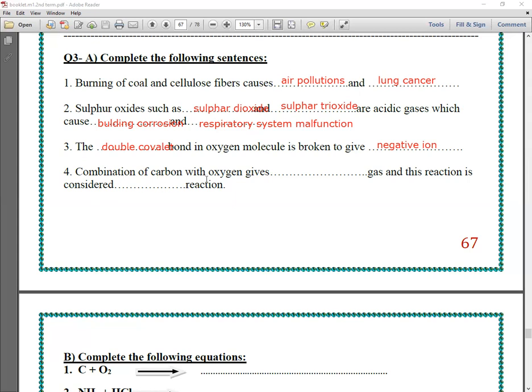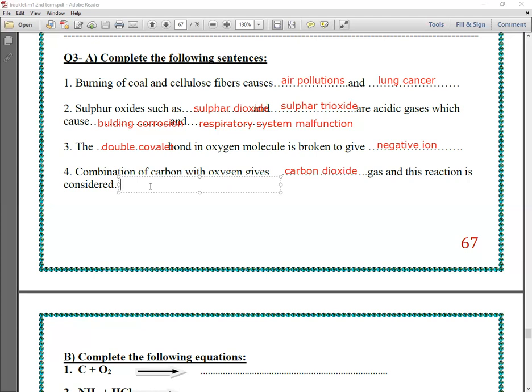Number 4, combination of carbon with oxygen gives what? Combination of carbon with the oxygen gives you carbon dioxide gas, and this reaction is considered a what reaction?